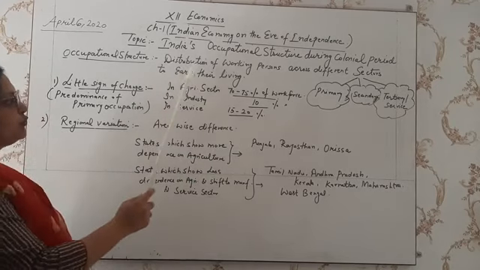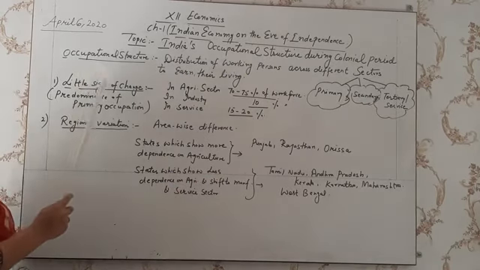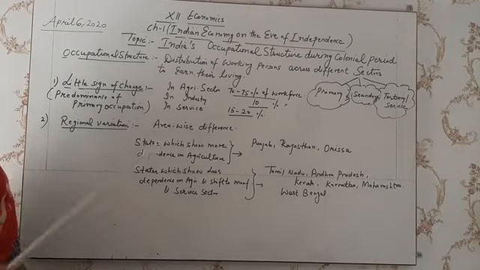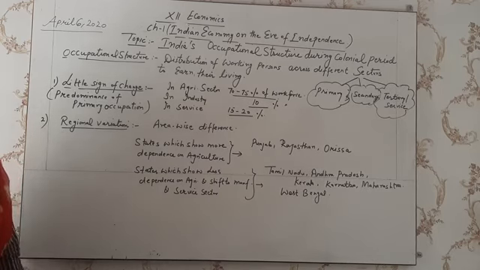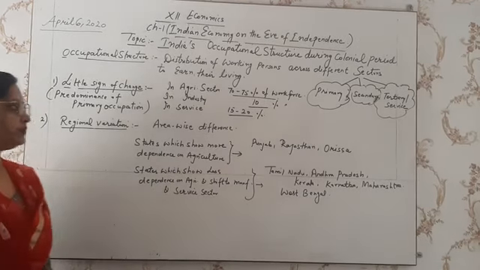So distribution of working persons across different sectors is called occupation structure. So here is a new term for you: occupation structure. What is occupation structure? Distribution of working people among various sectors to earn a living. And various sectors means the three sectors.